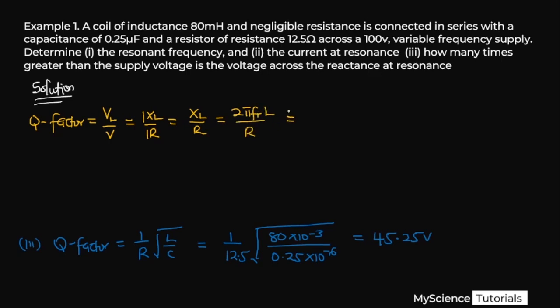And we said that our XL is 2 pi resonant frequency times L, over the resistance. So this is equal to 2 pi, the resonant frequency, as we've calculated, 1.125 times 10 raised to the power 3, multiplied by our L, which is 80 times 10 raised to the power minus 3, all over the resistance, 12.5 ohms.